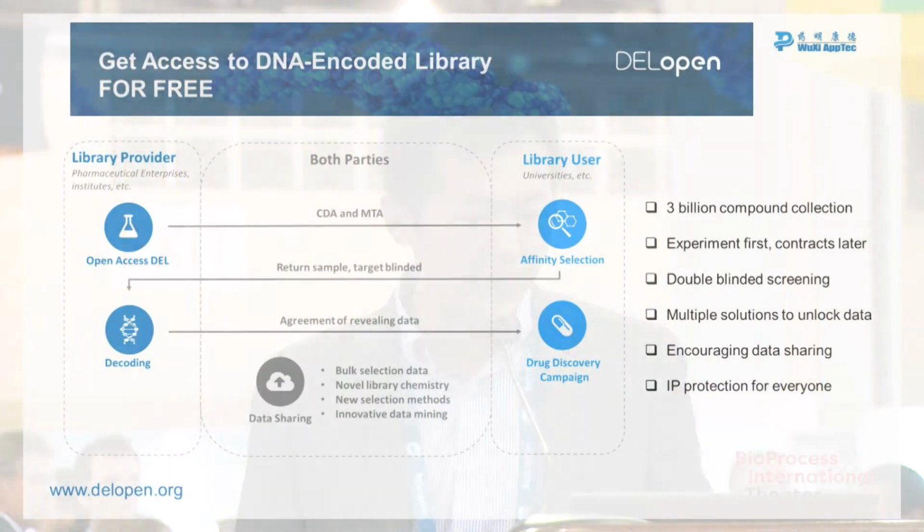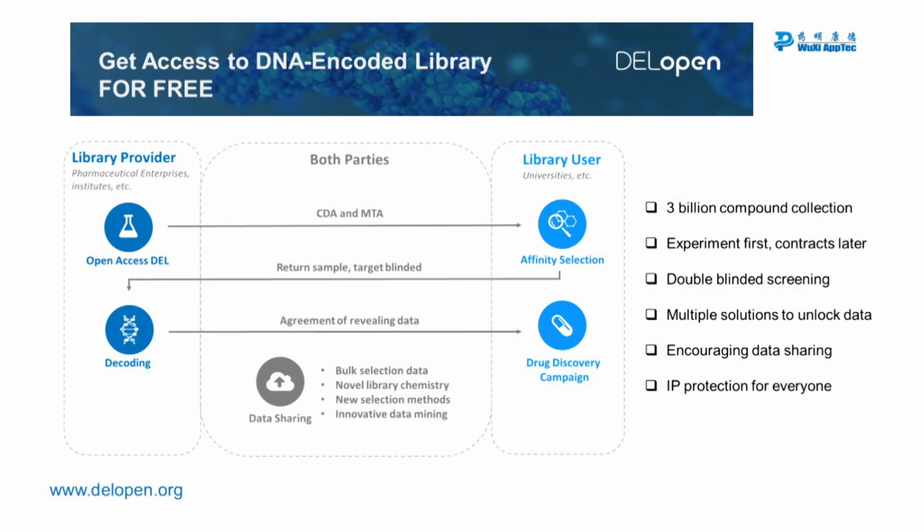So to that end, WuXi is also launching another effort targeted at academic researchers. We designed a platform so that we will provide a part of the library as a free reagent to the academics, and the academic users will run the screen.